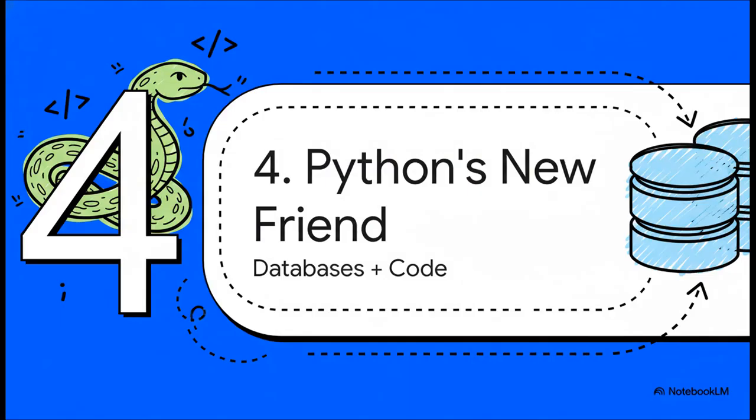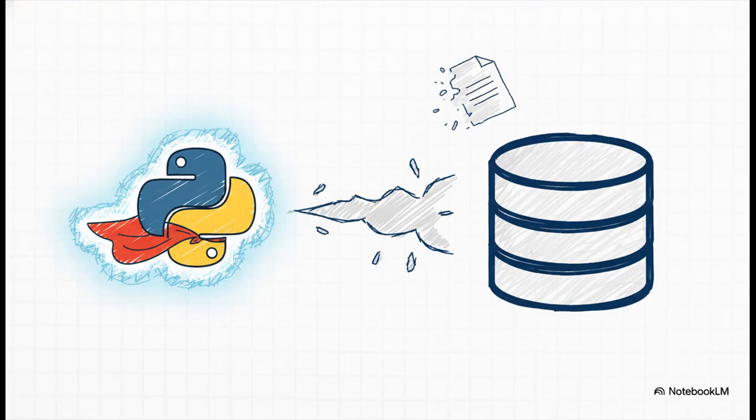Okay, so this brings us to our final piece of the puzzle. Now, I know a lot of you watching this have some Python skills. So let's look at how these two amazing worlds collide. I'm telling you, learning how to connect Python to a database is one of the biggest power-ups you can possibly get. Instead of just working with data that vanishes the second your program closes, you can now build things that have a permanent memory.